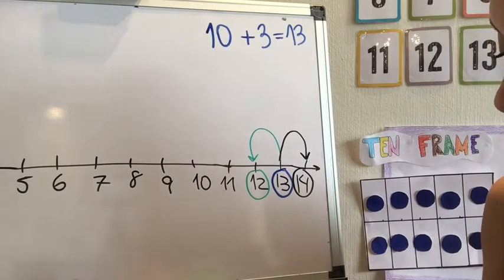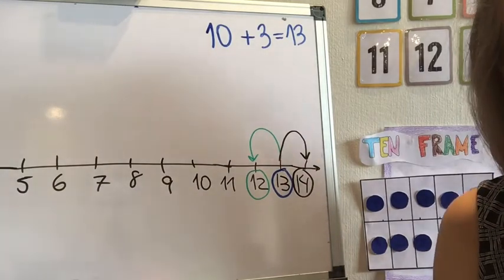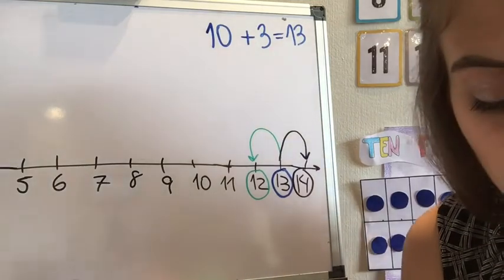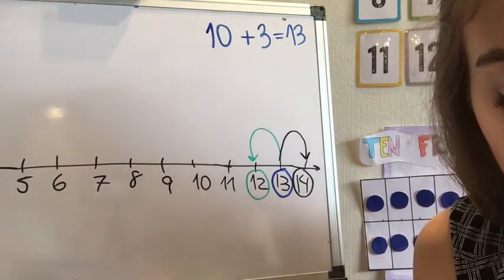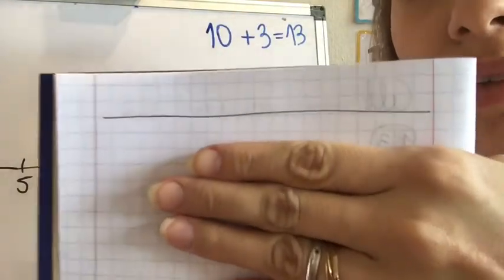Number 13. We can do a number line like this. That's my number line over here.